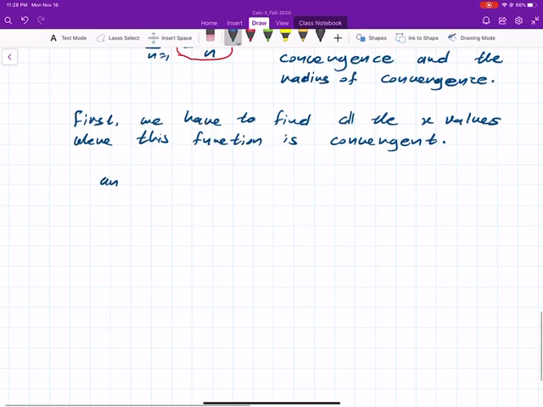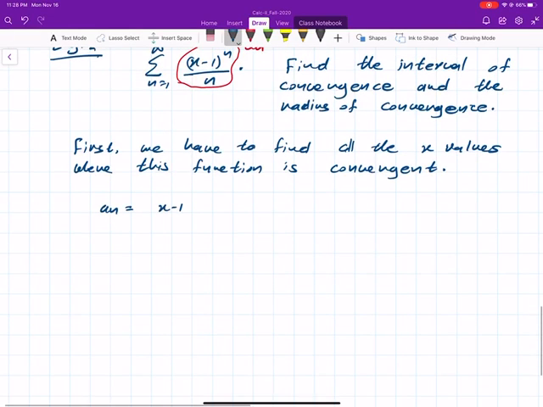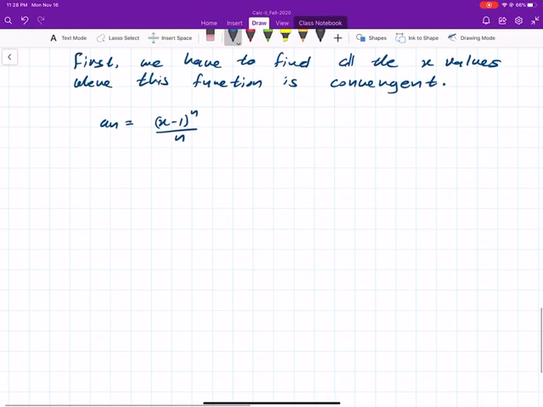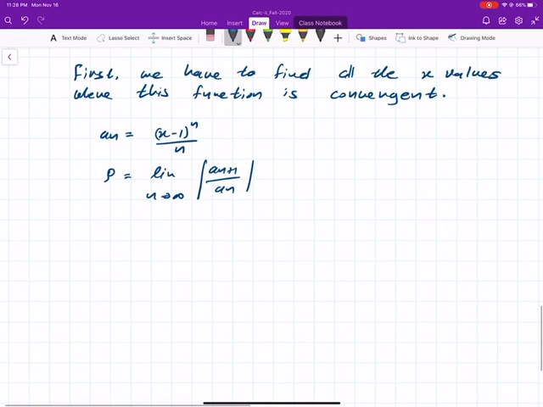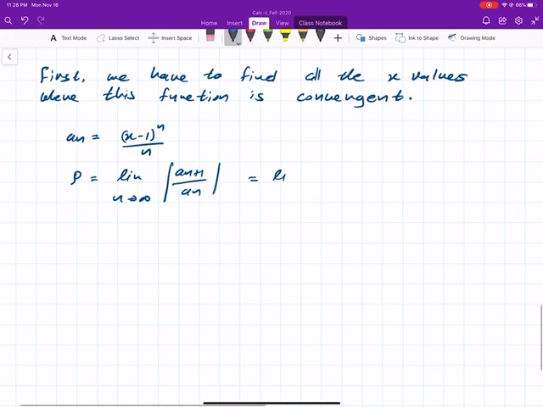You write an equals (x minus 1) to the power n over n. Then compute rho, which is the limit as n goes to infinity of an plus 1 over an. This is the ratio test. An plus 1 is (x minus 1) to the power n plus 1 divided by n plus 1, and an is (x minus 1) to the power n divided by n.